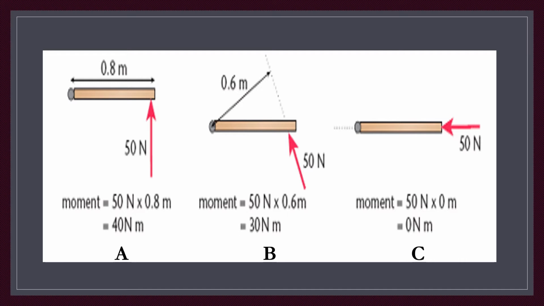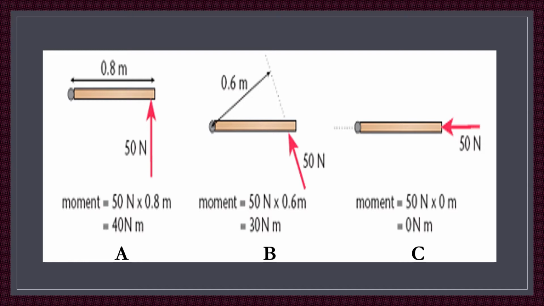Therefore, we can directly apply the equation: moment equals force multiplied by the perpendicular distance from the hinge. The force is 50 newtons multiplied by 0.8 meters, the distance from the hinge. So we get the answer as 40 Newton meters.